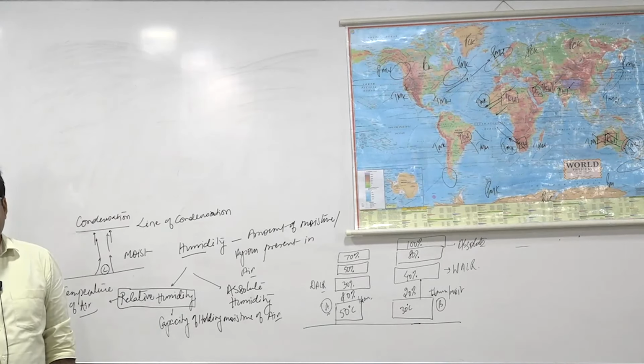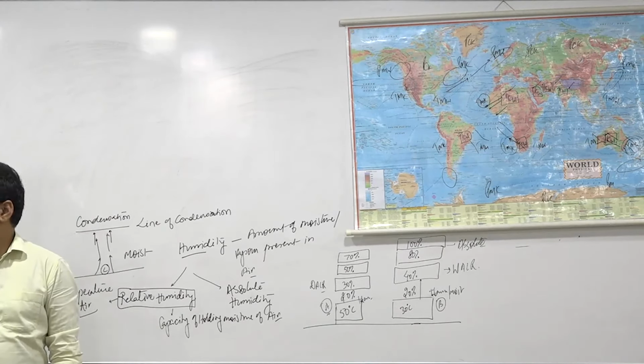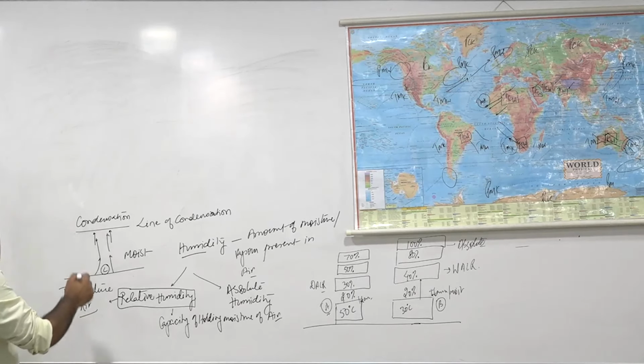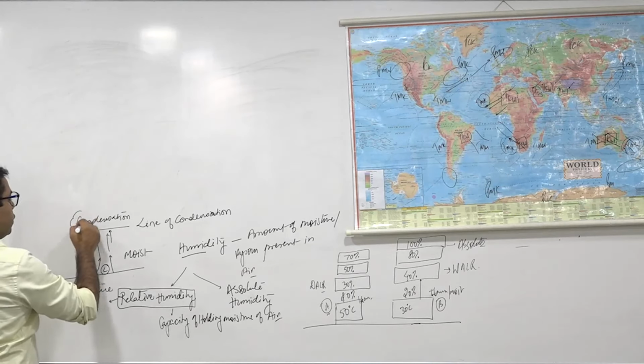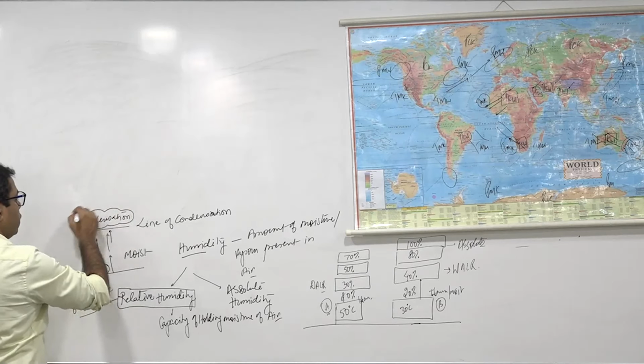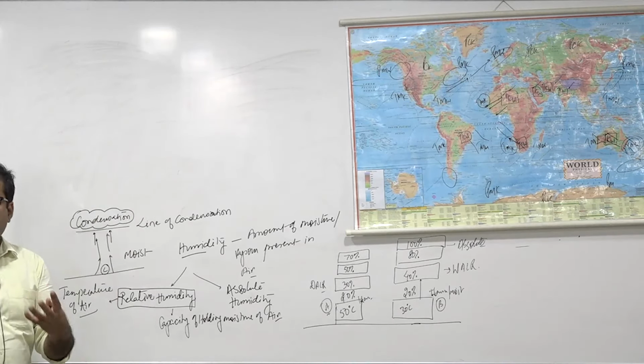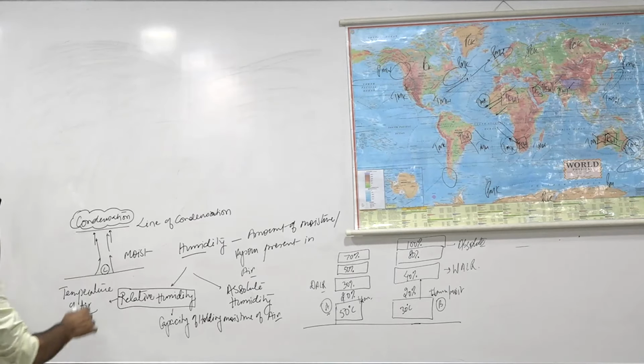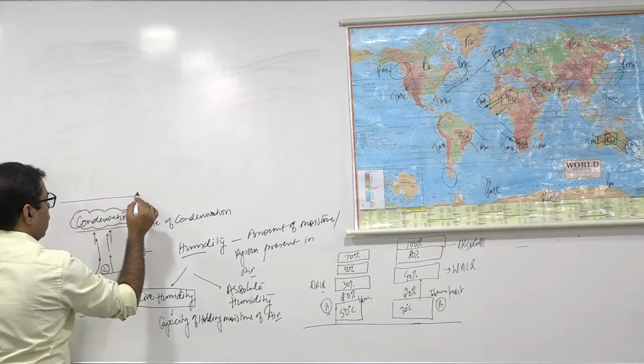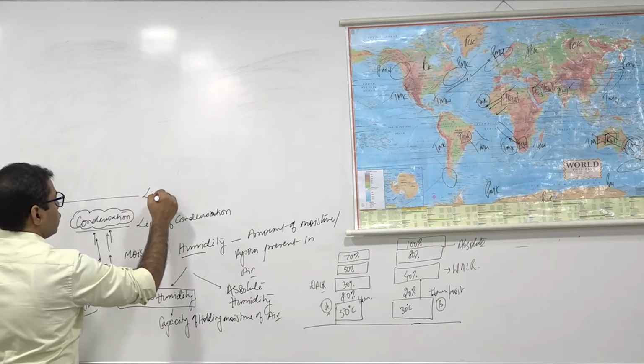Right, there is a condensation. Clear? And when this condensation happens, the air reaches the point of absolute humidity. When the air has been reaching there, there is a line of saturation.